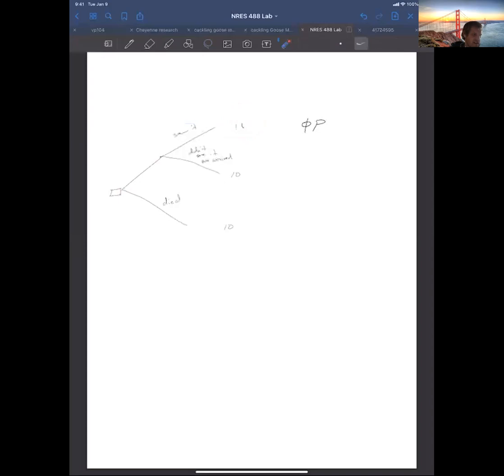All right, so let's do the second one. This case here. If it survives, we still have the same probability of survival phi, but now the probability of not seeing it is not p, it's 1 minus p. If the probability of seeing it is p, then the probability of not seeing it is 1 minus p.